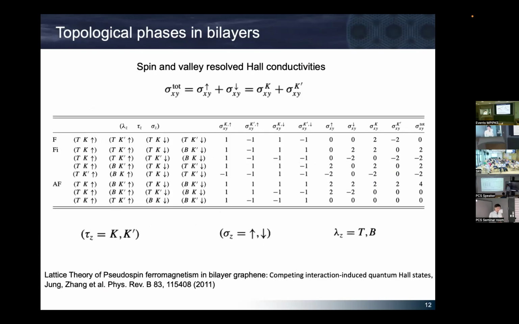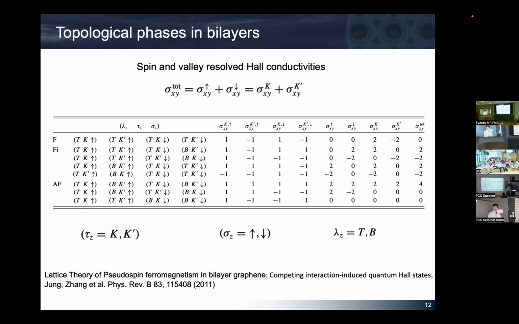Another interesting feature of this kind of systems is that because the sign of each one of the spin valley flavors can be changed, they would give rise to completely different Hall conductivities depending on the relative signs.